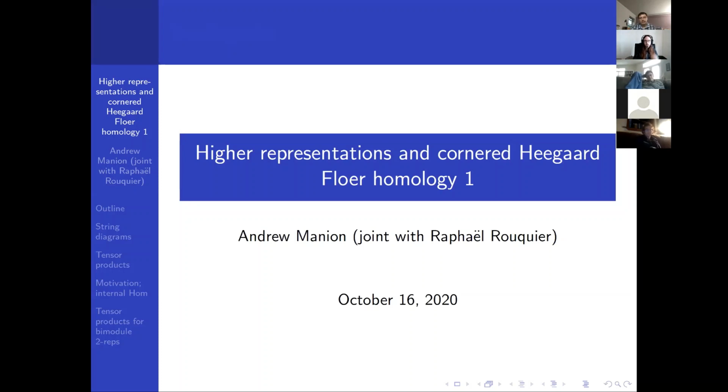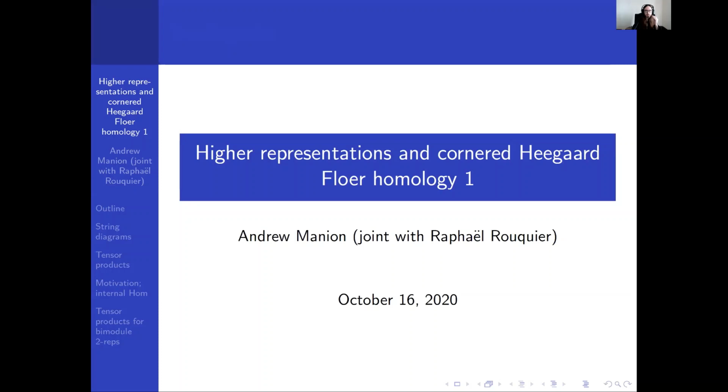Today I'm going to be talking about a certain algebraic operation, a higher tensor product operation for 2 representations of a particular DG monoidal category. This is a type of construction that Rouquier has a general theory of that has not yet appeared.